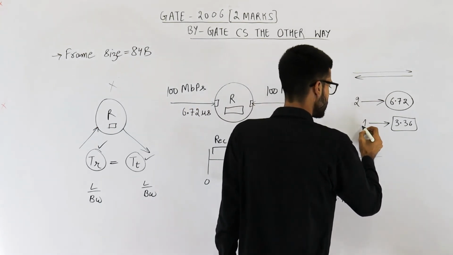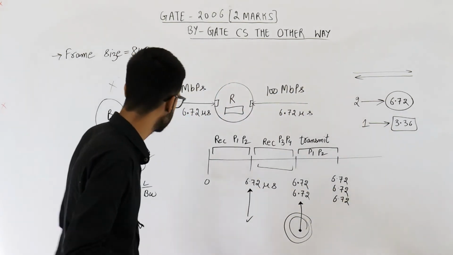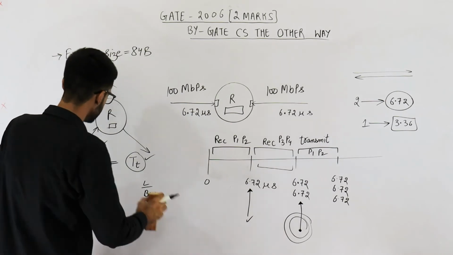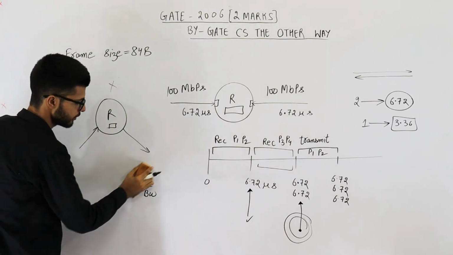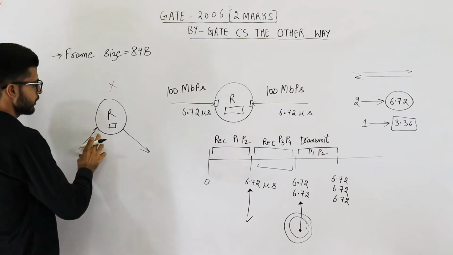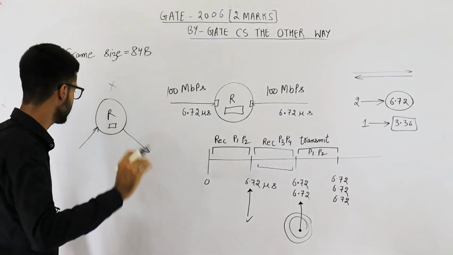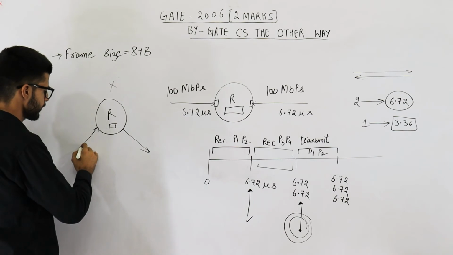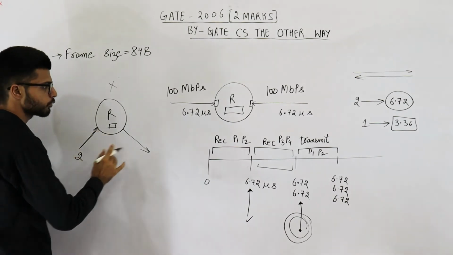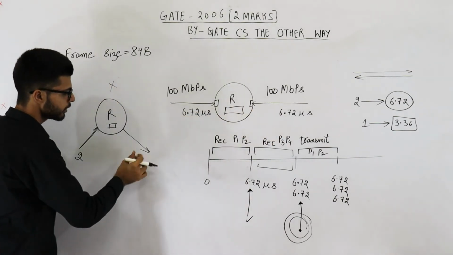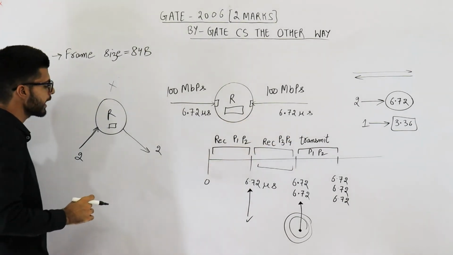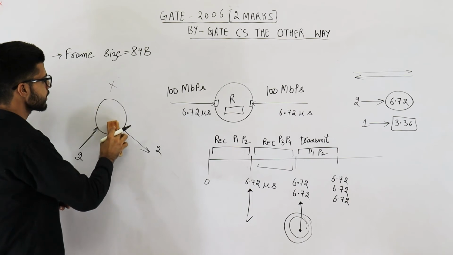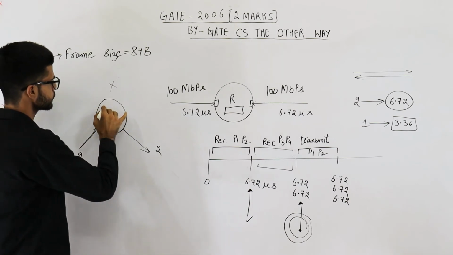If you haven't still understood it, let me explain it in one more way. Suppose at time t, at some time, you are having two incoming packets from both of the interfaces. You are having two outgoing packets from both of the interfaces, and two packets are currently in the memory.